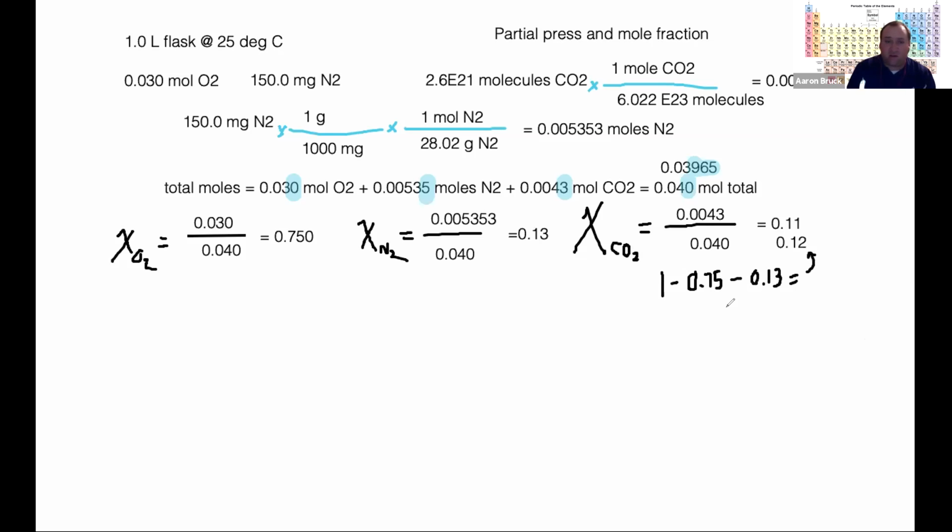That's okay. So in these kinds of problems, it's not uncommon to see little bits like that where things don't quite fully add up because of all the rounding, and that's okay.